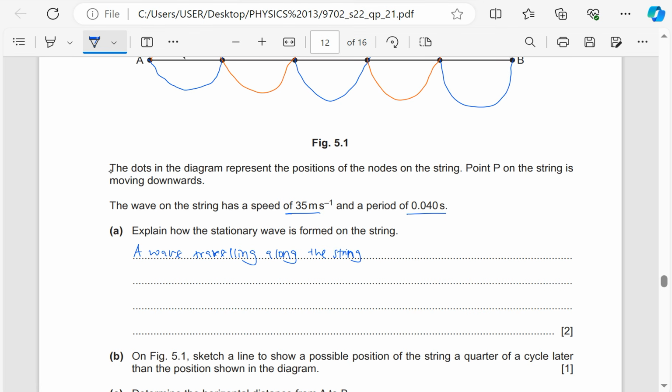A wave traveling along the string from A is reflected at end B. The incident and reflected waves superpose, or meet.